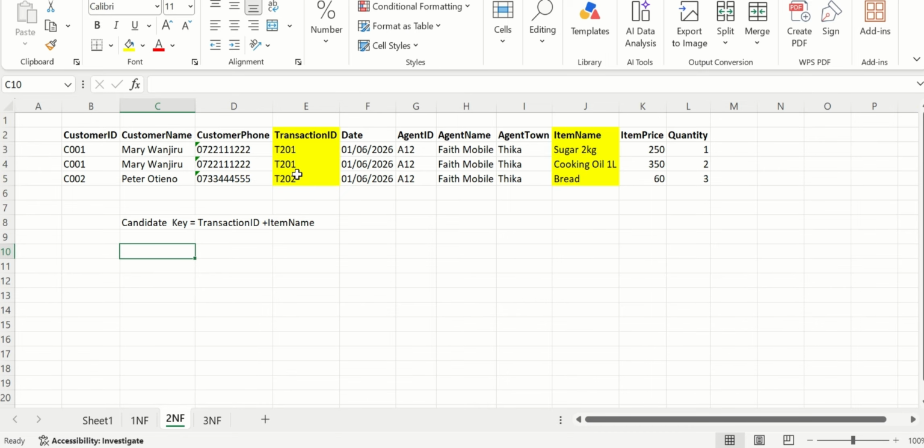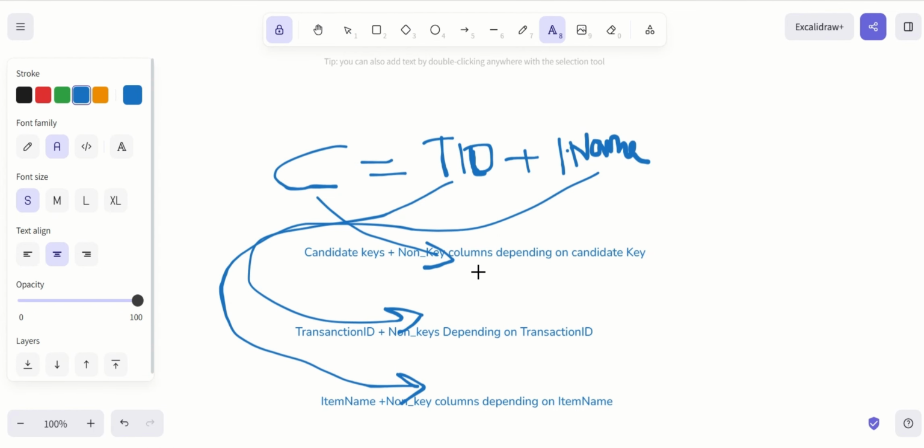So this table is going to be split based on the dependency. We have some non-key columns that depend on both of the keys, some that depend on only the transaction ID, and some that depend on the item name.